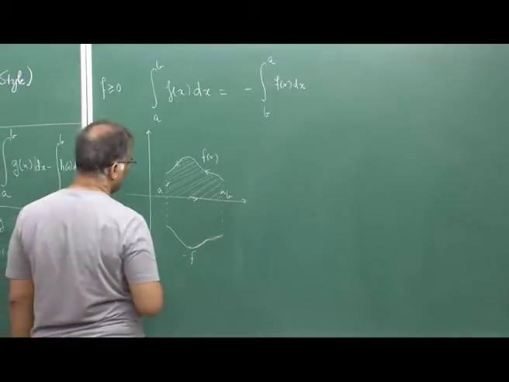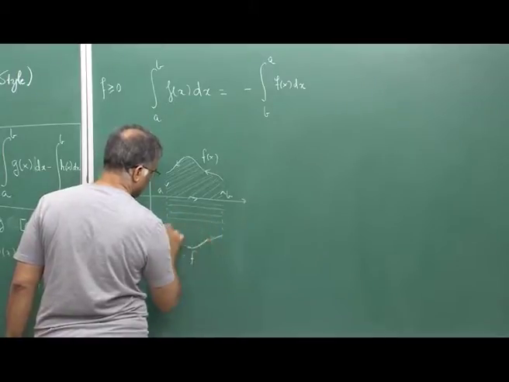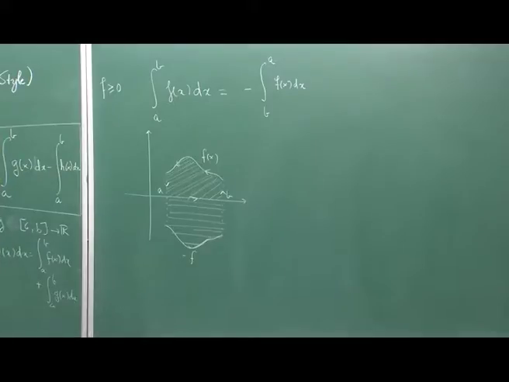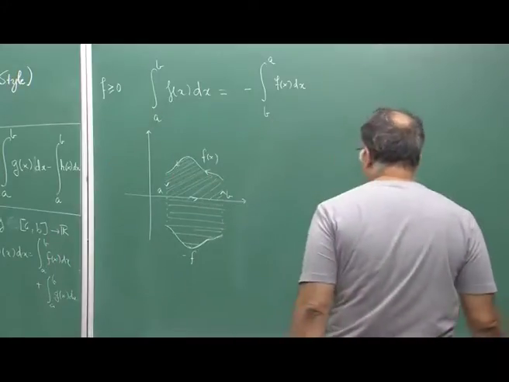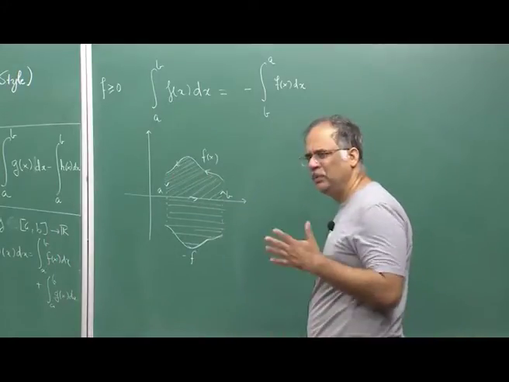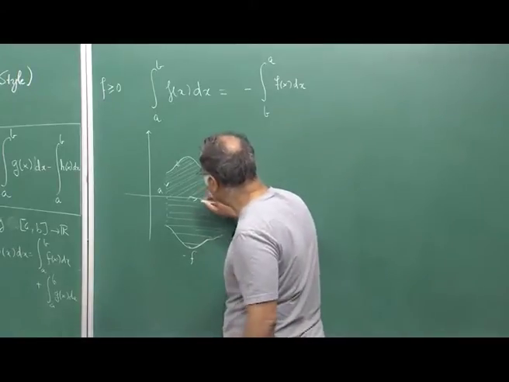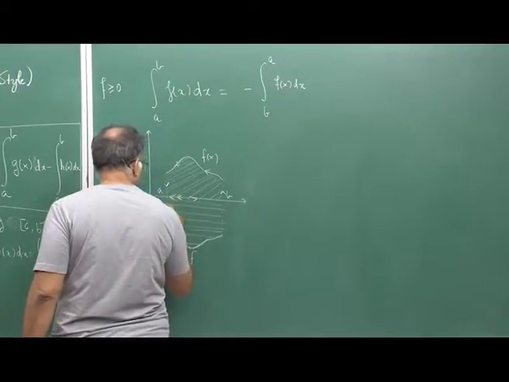So this is nothing but minus f. So now I write the area in this way. Now, if I want to say that the area is non-negative, when will I consider this area non-negative? If I start walking on the boundary in a counterclockwise direction, means here my walking direction should be this.